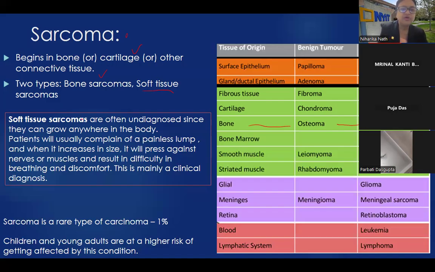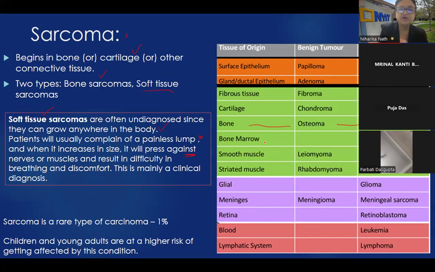They are very undiagnosed. With soft tissue sarcoma, the problem is that they're not very well diagnosed, okay? They can be in these soft tissues anywhere in the body, and unless they really cause pain, it's hard to diagnose them. So the patient will complain of a painless lump. Only when it increases in size will it press against the nerves.